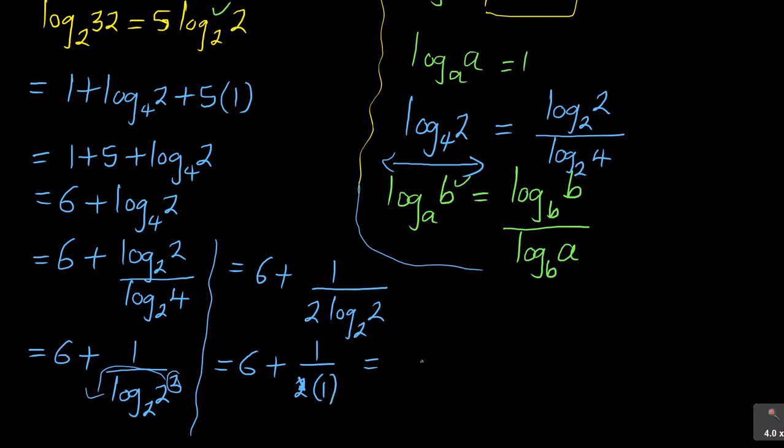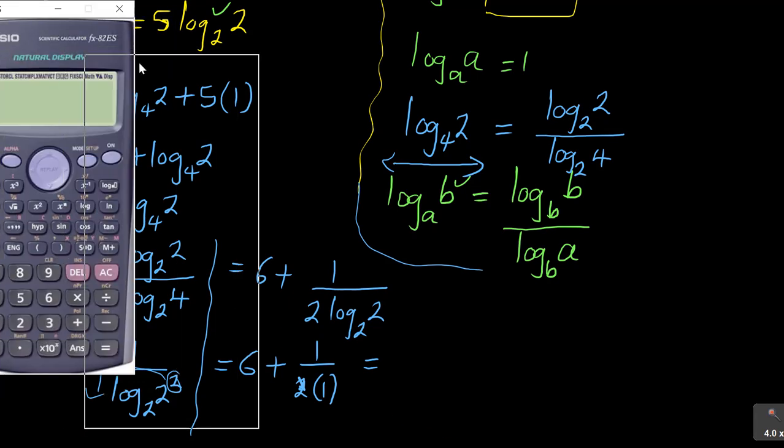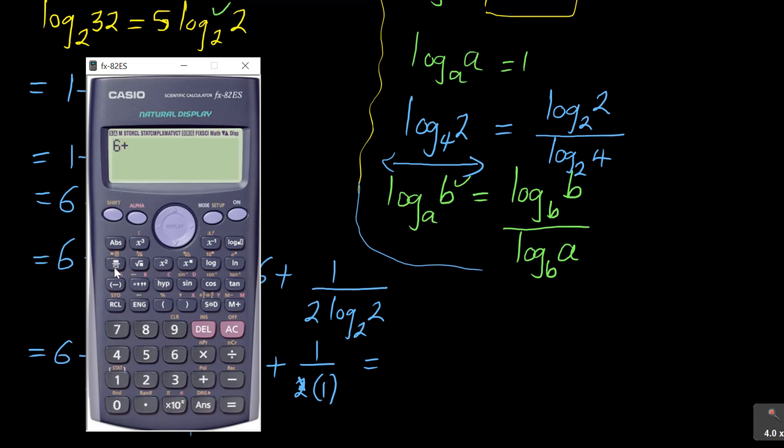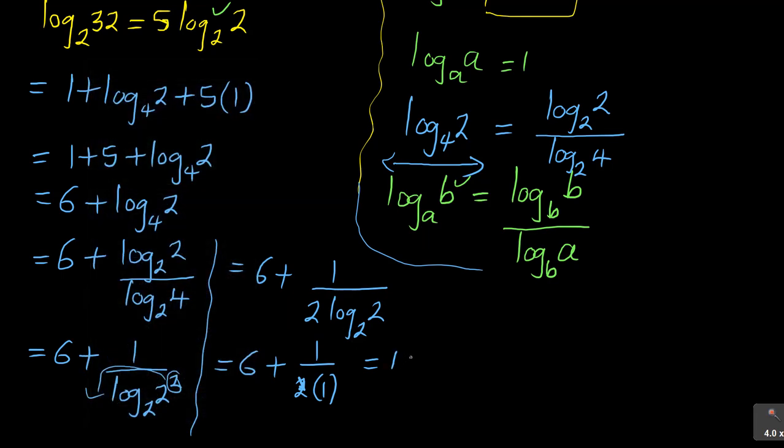Then the answer there will become 6 plus 1 over 2, and you can see that it is giving me 13 over 2 as the final answer.